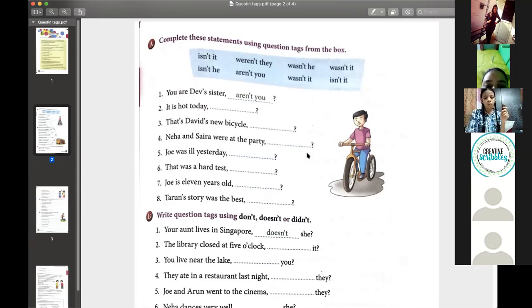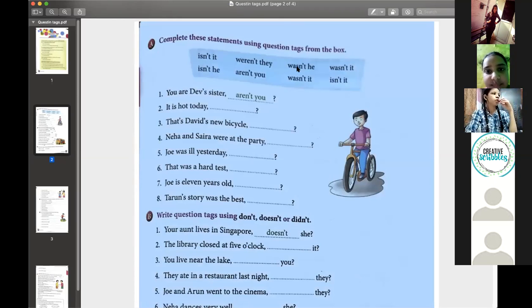Auxiliary verb or the modals. I give you the example like is, am, are, was, have, had, can, must. These all are modals or auxiliary verbs. If these words are there in the sentence, okay? If these stuff you have understood by now, in case you have a doubt, you can ask me on WhatsApp. Complete the questions, send the answers to me that you have done, and we'll discuss the answers tomorrow in the class. All right?